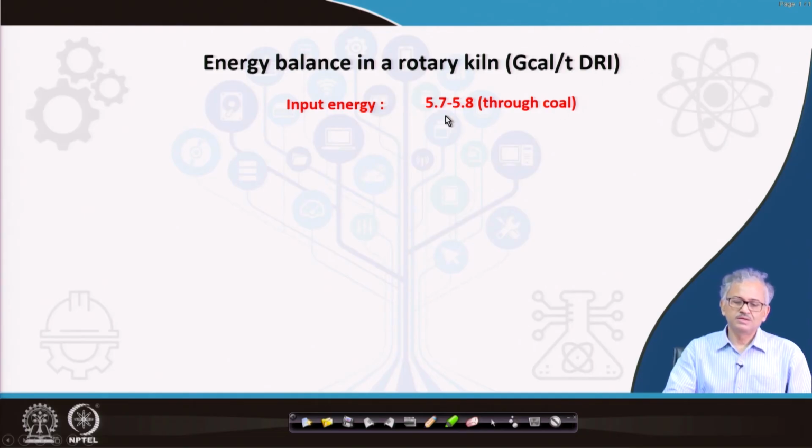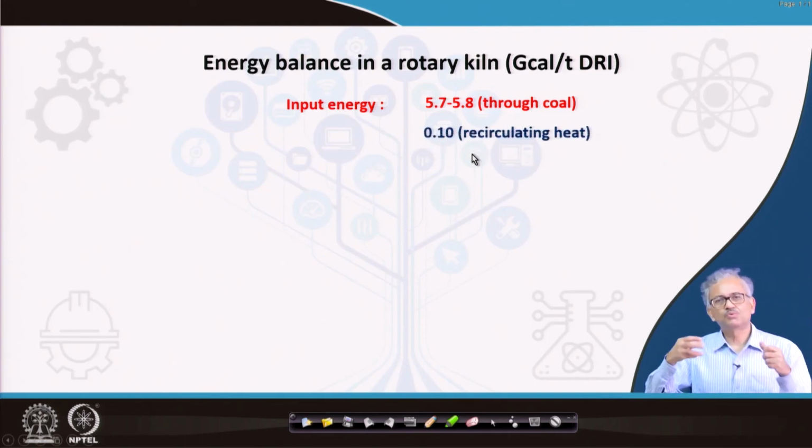Now, I will give you an example of energy balance in the rotary kiln process. You can see input energy around 5.7 to 5.8 gigacalorie per ton of DRI. It is all in terms of gigacalorie. The input energy of 5.7 to 5.8 is through the coal only, the measured energy input through the coal.